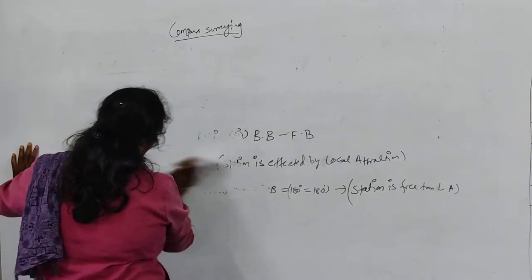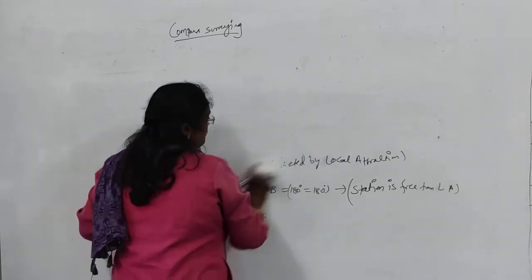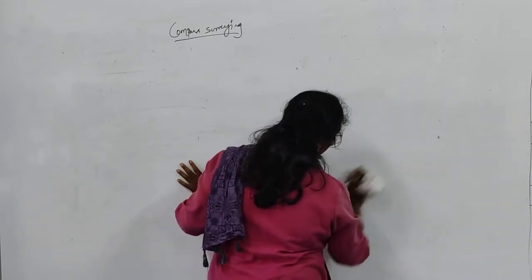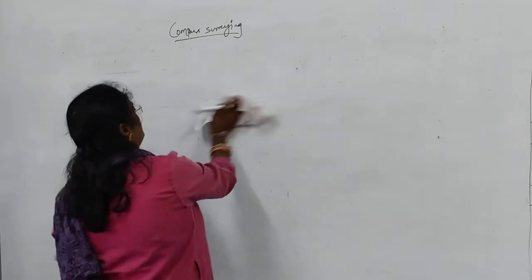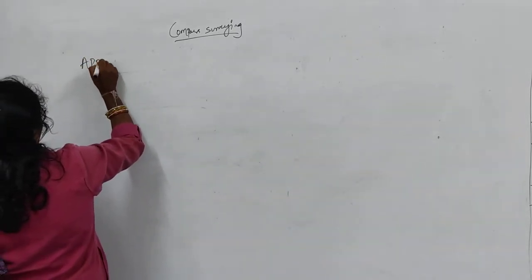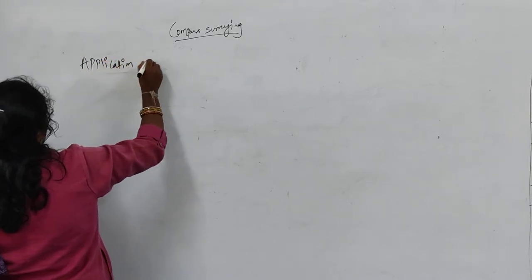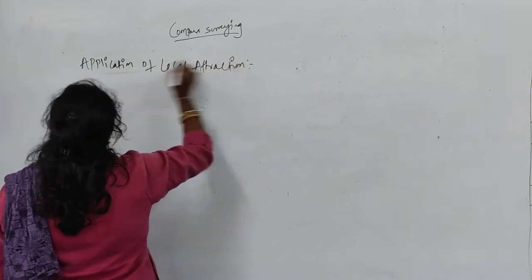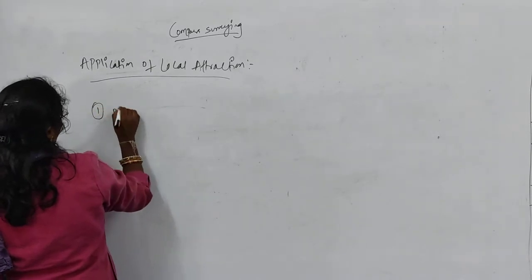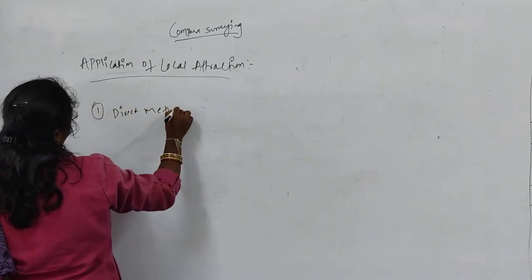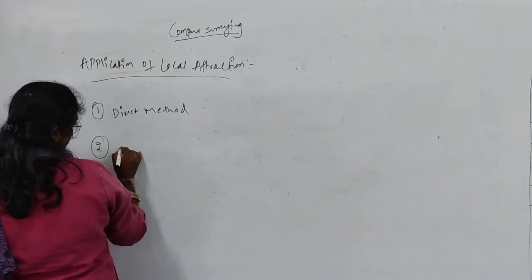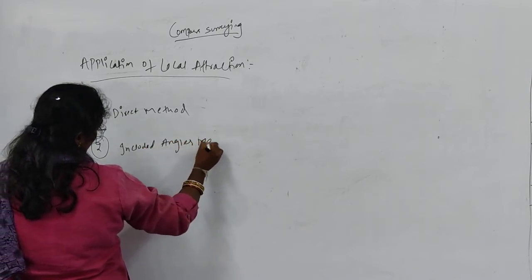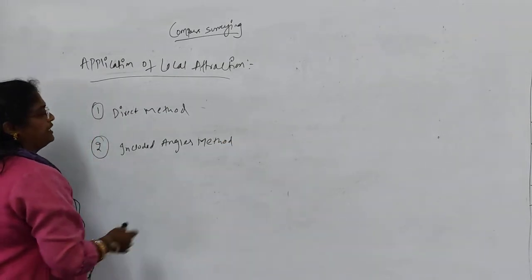One is the direct method and the other is the included angles method, or interior angles method. So how to deal with the direct method?